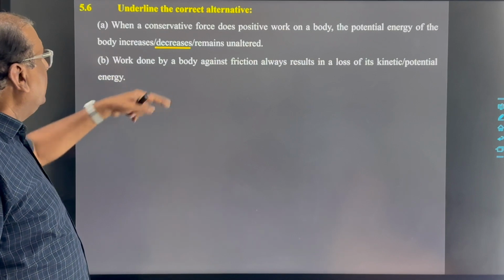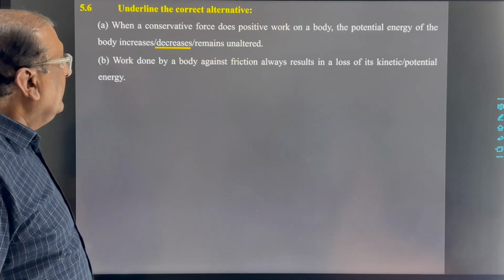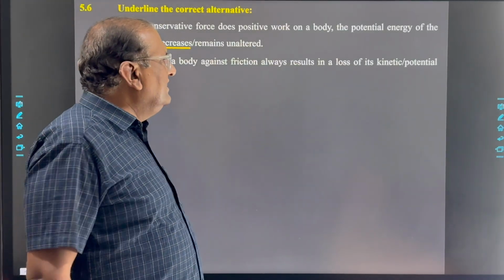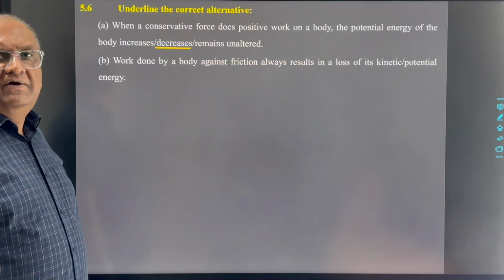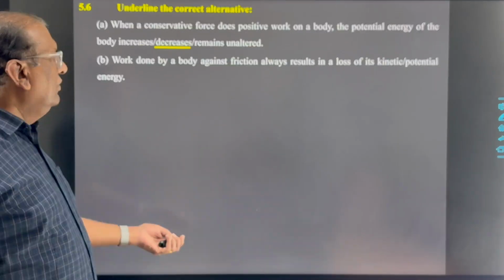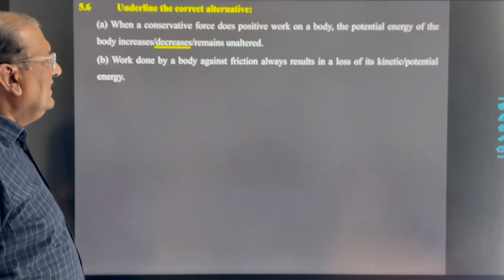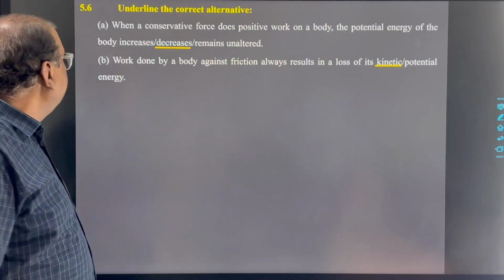B. Work done by a body against friction always results in a loss of its kinetic or potential energy. So frictional force always opposes the motion, so loss of kinetic energy will take place in this particular case.